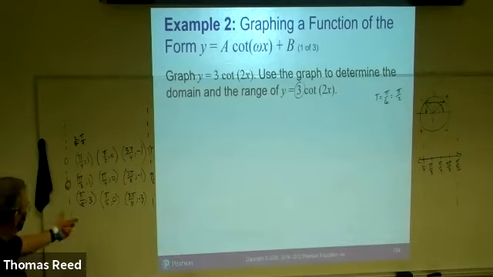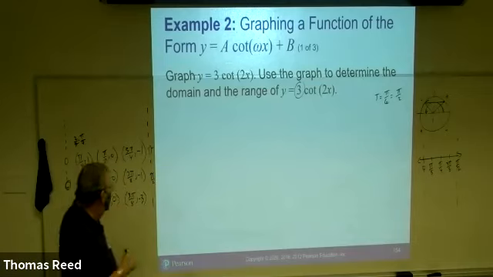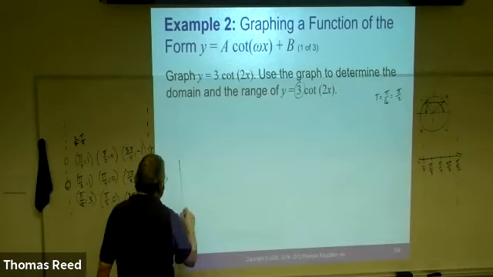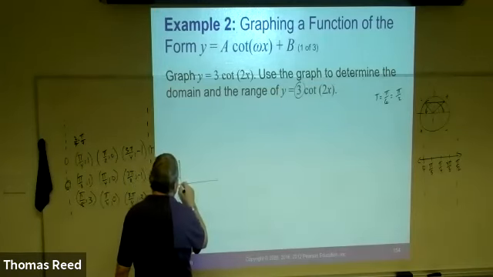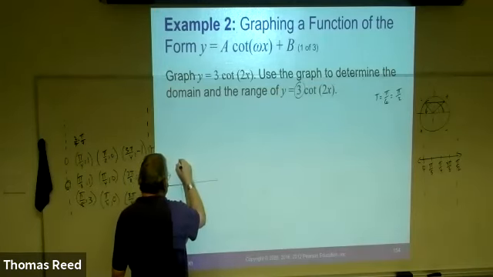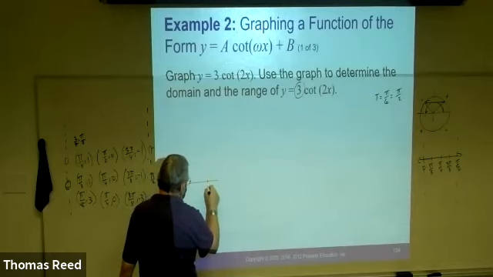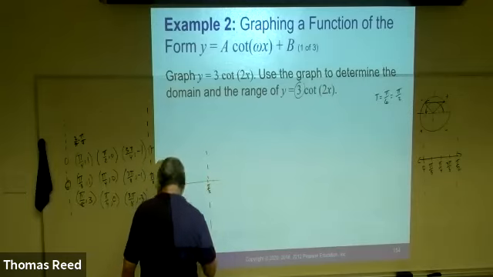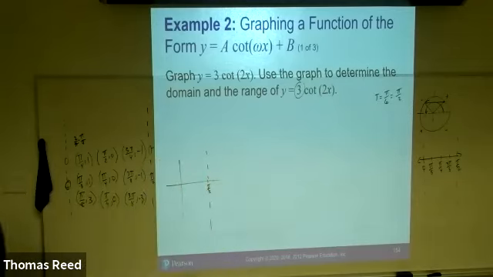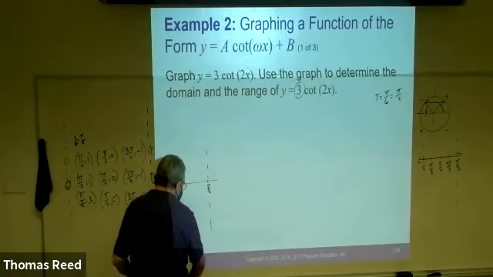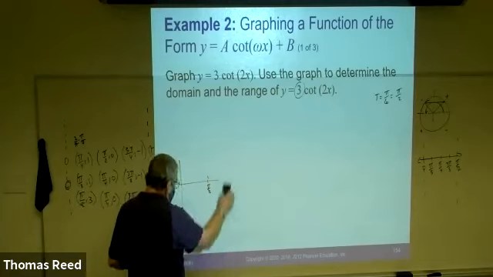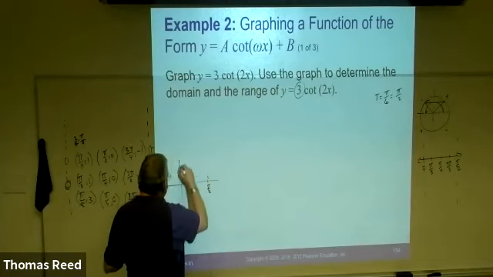So I graph these points. I know my first period is between 0 and pi over 2. And so that's where I have my, I'm going to use a different color for the asymptote. So I have an asymptote on the y-axis.